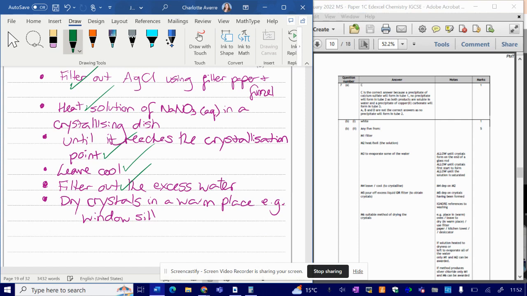Yeah, and then a suitable method of drying. Place in a warm oven. Okay, they are allowing an oven. I don't agree with that because of the decomposition issue, but there we go. Dry in a warm place. Fine. Okay, so I've got 6 points there, which gives me my 5 marks in total, because that was the maximum.